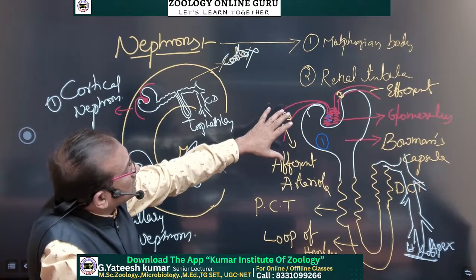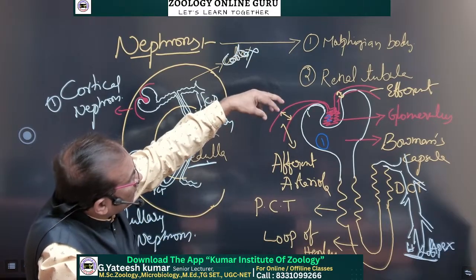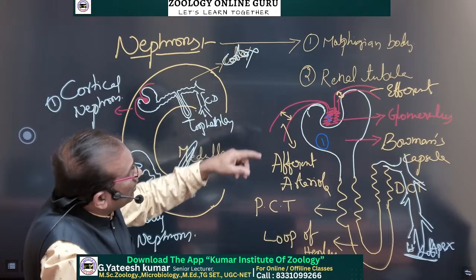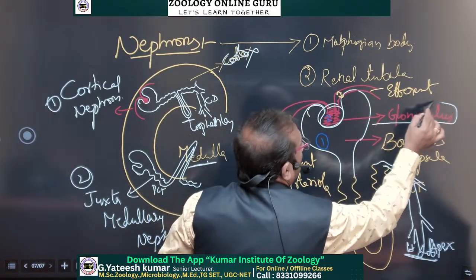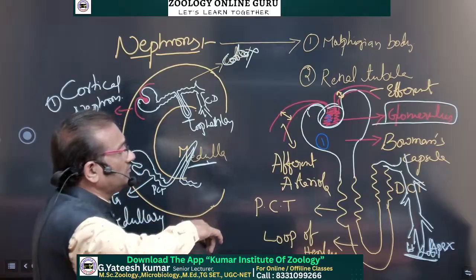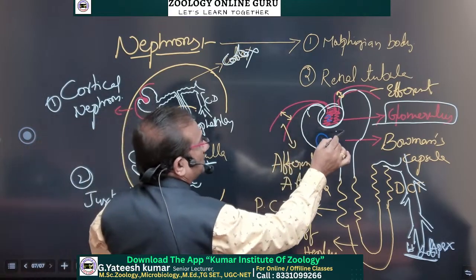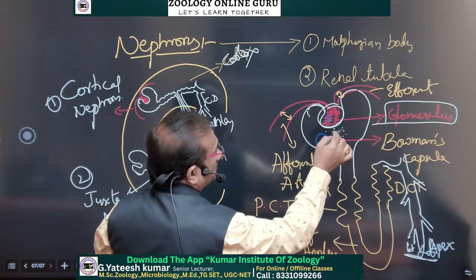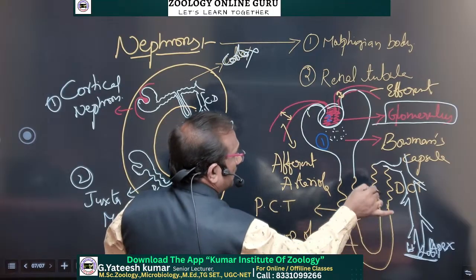The renal corpuscle means the cup-shaped Bowman's capsule, and in the middle there is a filtering organ; ultrafiltration takes place by the glomerulus. So the glomerulus is responsible for the ultrafiltration of the blood, and after filtration the filtrate, the primary urine, enters the Bowman's capsule cup, and from there it enters the PCT, then Henle's loop, and then DCT.